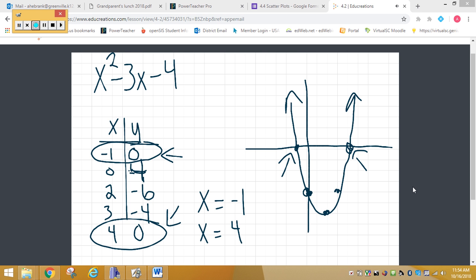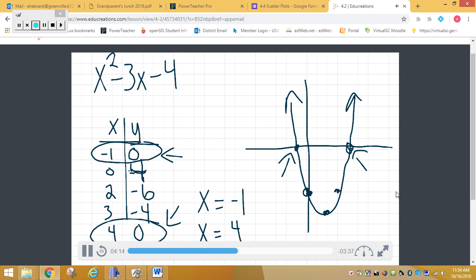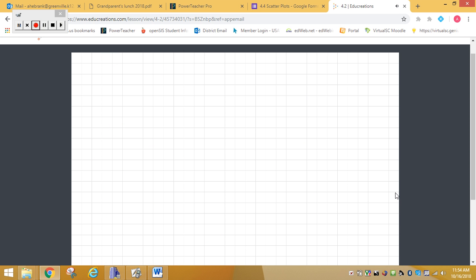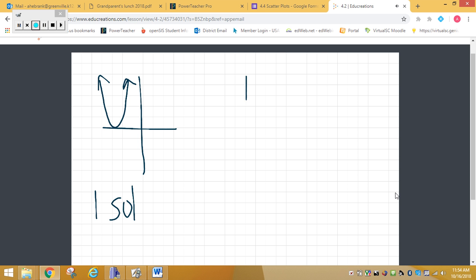All right, the two we've done so far have been nice, pretty, even, whole numbers. They're no fractions, no decimals, it's awesome. Of course, this is math, it's not always going to be like that. So, real quick, before we get into some of the harder ones, let me show you this. You learned it in Algebra 1, but you might have forgotten. If it touches your x-axis once, that means there is one solution.